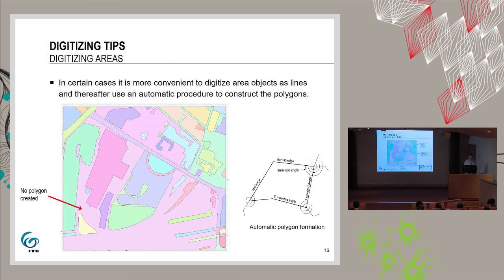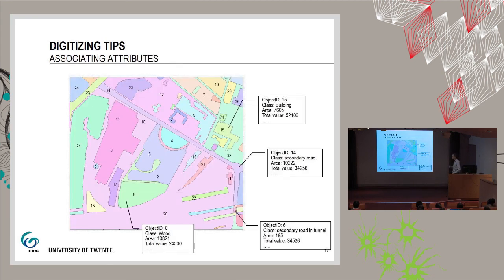And what's the next step? In fact, I can associate attributes to the polygons. Normally when you digitize, you can do the attribute entry at the same time as you digitize. But here, after you created the polygons, you have to enter the attributes. So yeah, each polygon has its own object ID, and then you can add the attributes manually, in this case, of course.